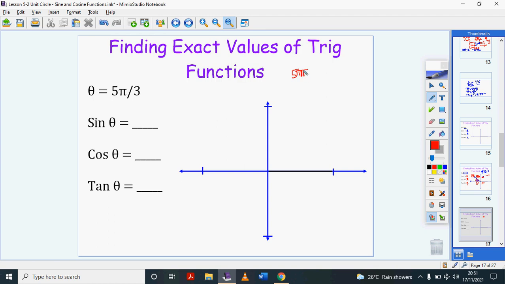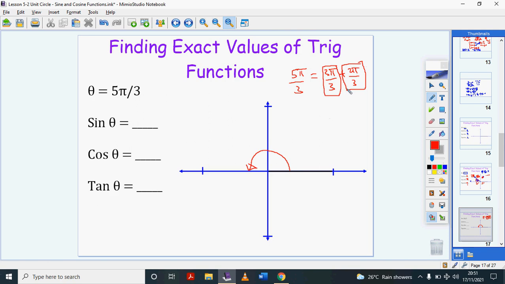Mental math, let's go. 5 pi over 3 is the same thing as 3 pi over 3, a full pi, plus 2 pi over 3, right? So a full pi, because 3 pi over 3 is a full pi, so we know we have gone here already. And now we just need to add 2/3 of a pi.